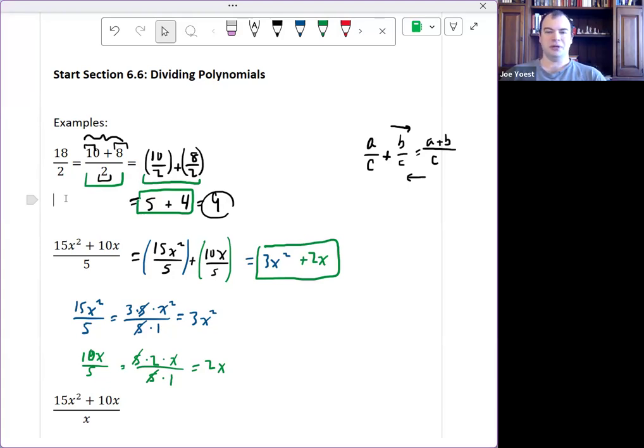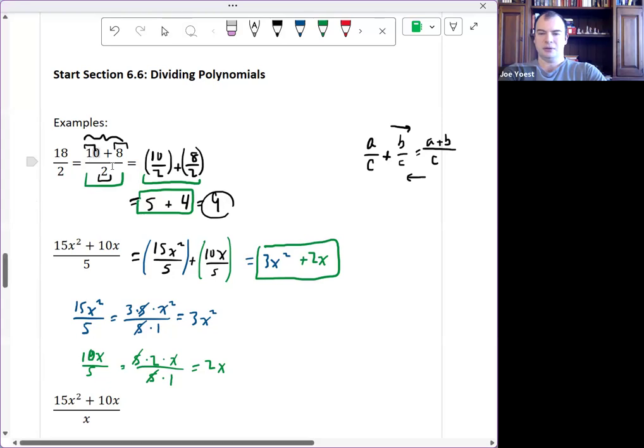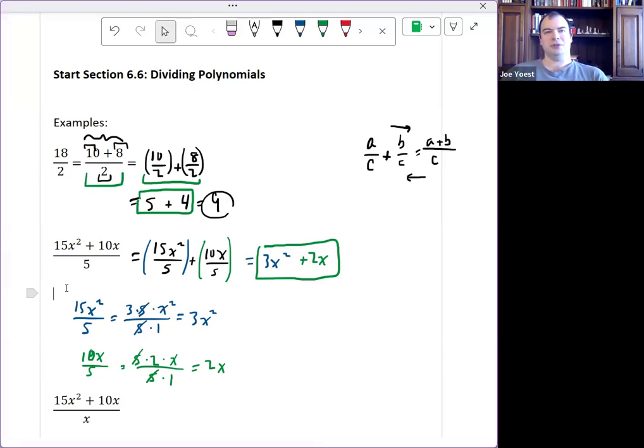Might be a little less efficient, but we can do it with a case where we just have all numbers, all constants. But that's the approach that we take when we have variables. We kind of need to go that slightly longer way around, break the fraction into individual terms that are each monomial divided by monomial, and then simplify each of those.